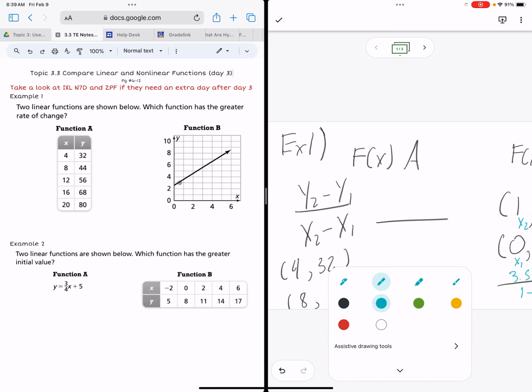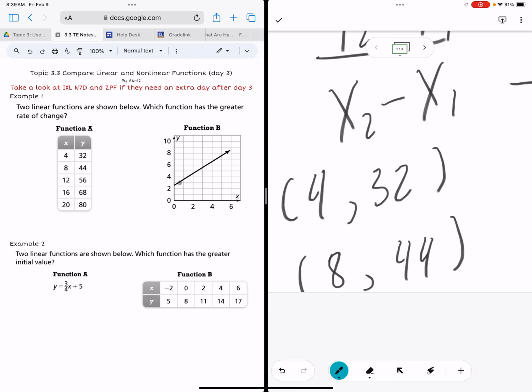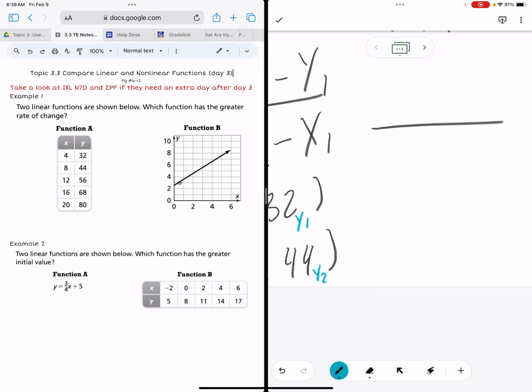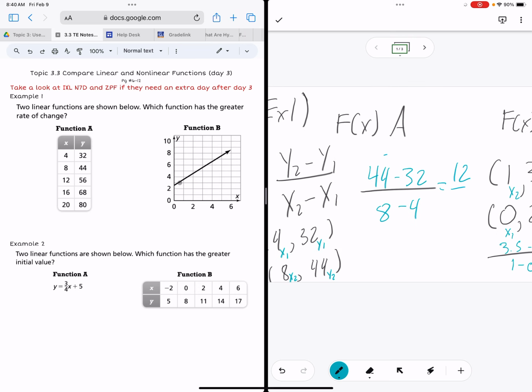Which ones are our twos? So x1, y1, x2, y2. Emmy, plug it into our formula. We're going to have 44 minus 32, and then 8 minus 4. There you go. And that's going to give us 12 over 4, which reduces down to 3.